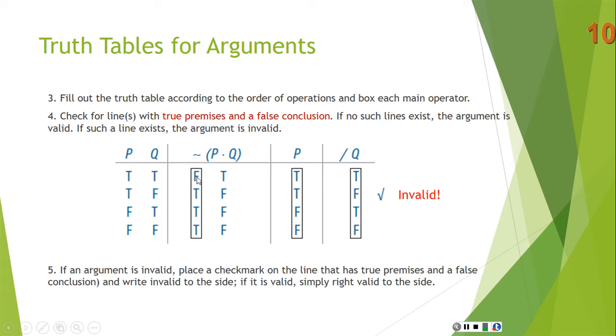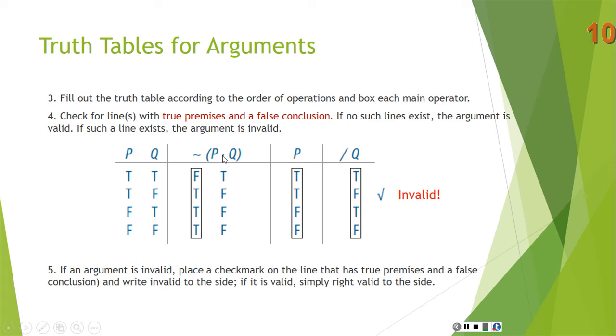We filled out that column, and we boxed it. For these, there is no operator, so you just list the truth values for P, list the truth values for Q, and box each one. Even though it's not an operator, you should still box it. The thing you're boxing gives you all the possible truth values for that premise or that conclusion.